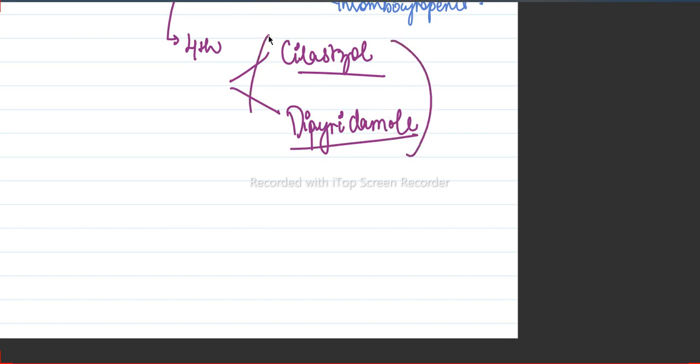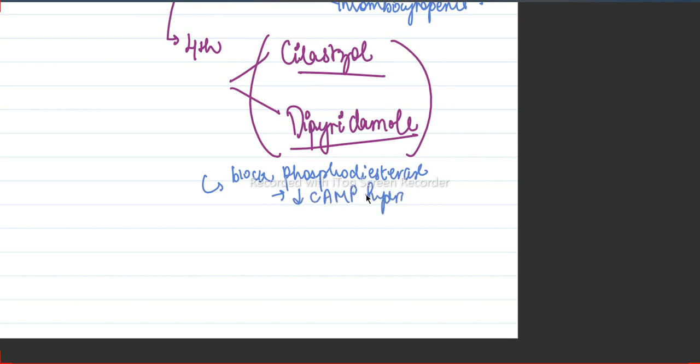So what do these drugs do? They block phosphodiesterase, leading to decreased cyclic AMP hydrolysis and increased cyclic AMP in the platelets.